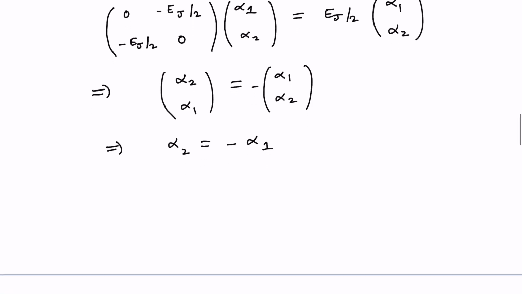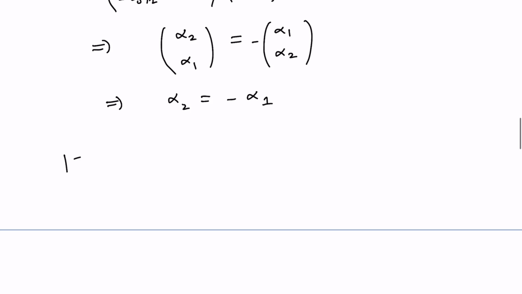This means that for this ket E1, you can take alpha 1 equal to 1, then alpha 2 equal to minus 1, and you have to take the normalized state vector.